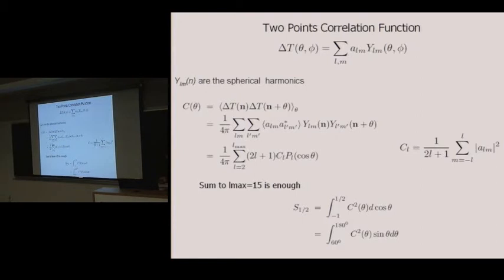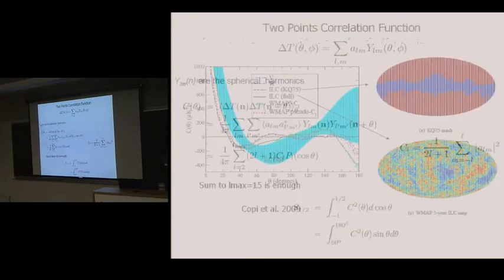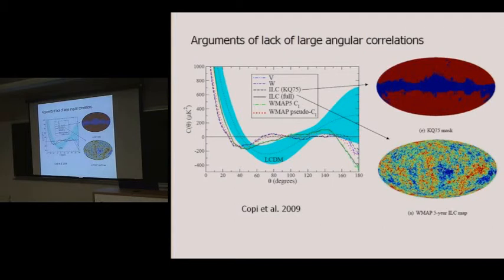So this S_1/2, by its definition, basically measures the strength of the correlation function C of theta between 60 degrees and 180 degrees. Later we will see why people use such a statistic, and also whether it's a good statistic or not.